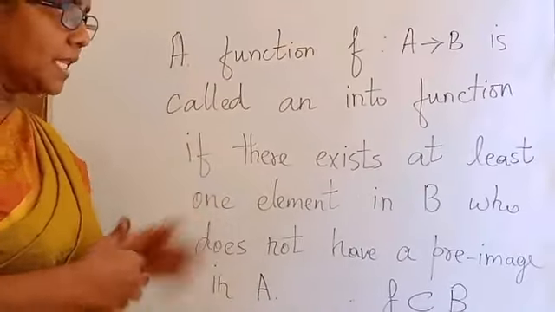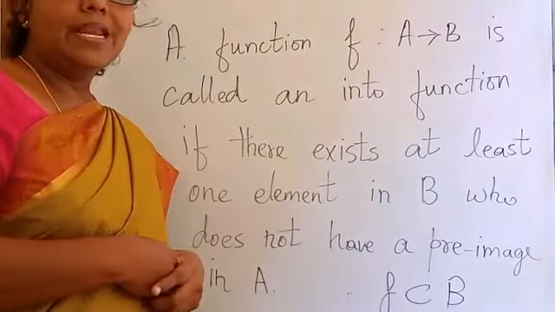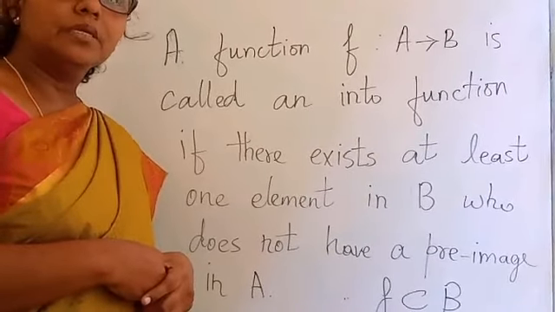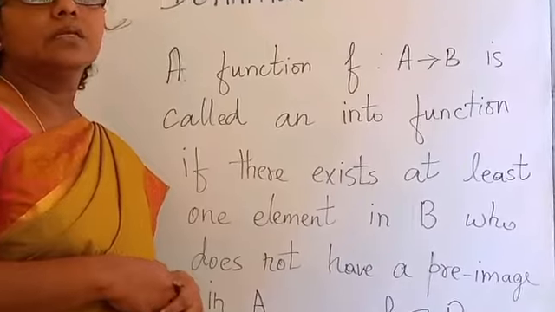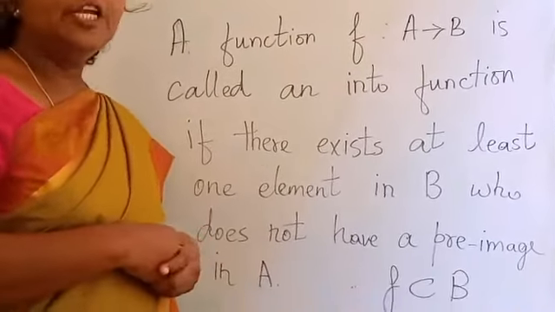So you understand that in the codomain, there is at least one element left out without being mapped with the elements in the domain. So this is what we call an into function.